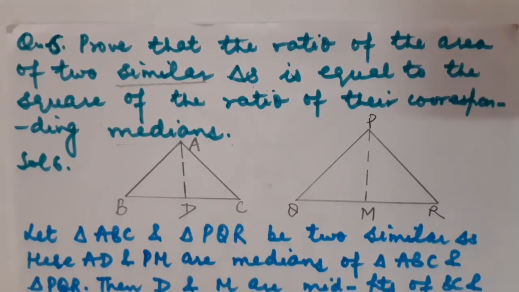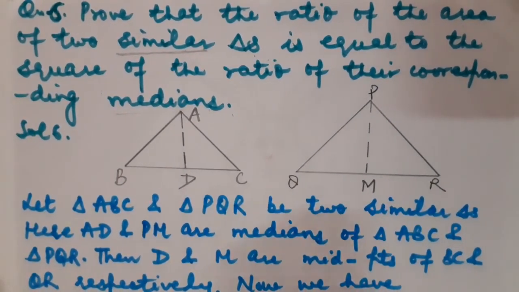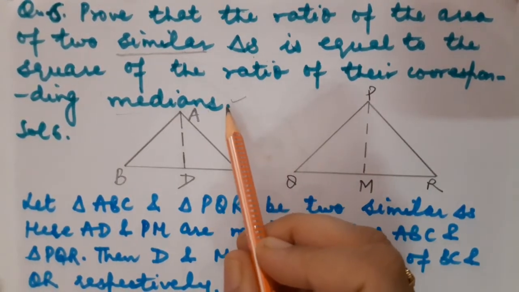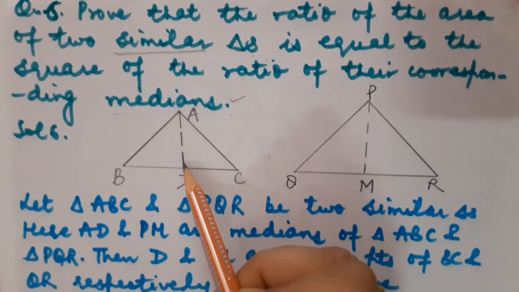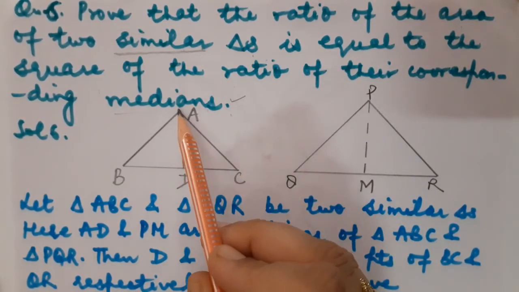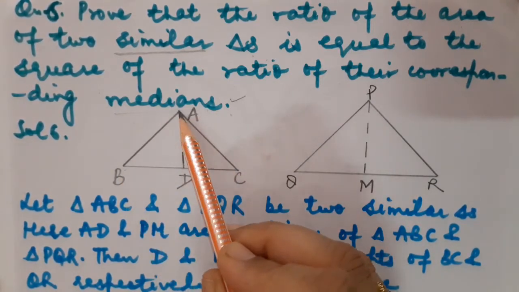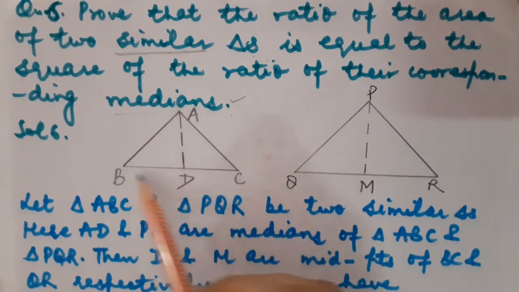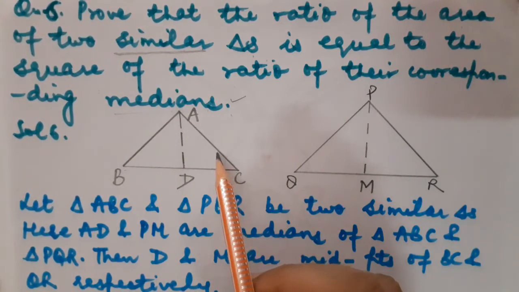Okay. Now before I start its solution, the question arises, what do you mean by medians? This definition I have made you recall many times. Median is nothing but a line segment which is drawn from any of the three vertices of a triangle, and it divides the opposite side as well as the complete triangle in two equal parts. Got it?